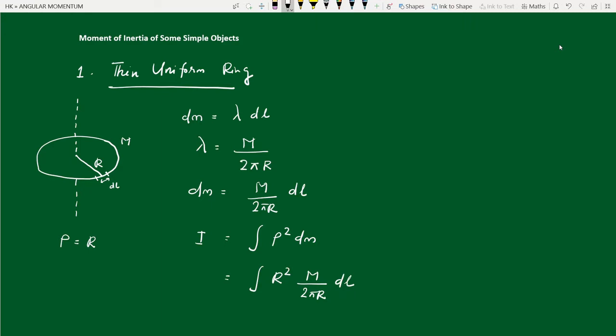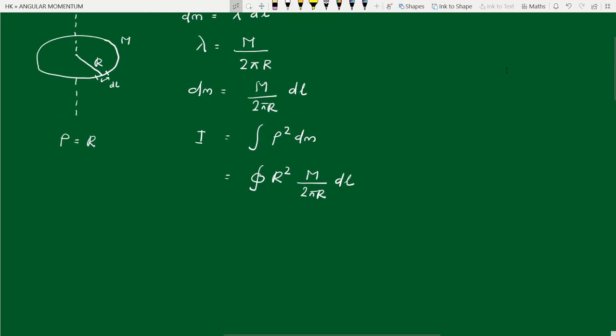It's an integration over a closed loop, or we can say we are integrating from one end, starting from the point 0 to ending at the same point 0. Let's take the constant terms outside. Here R squared is constant, M by 2 pi R is constant. So what is remaining? Closed integral dl.